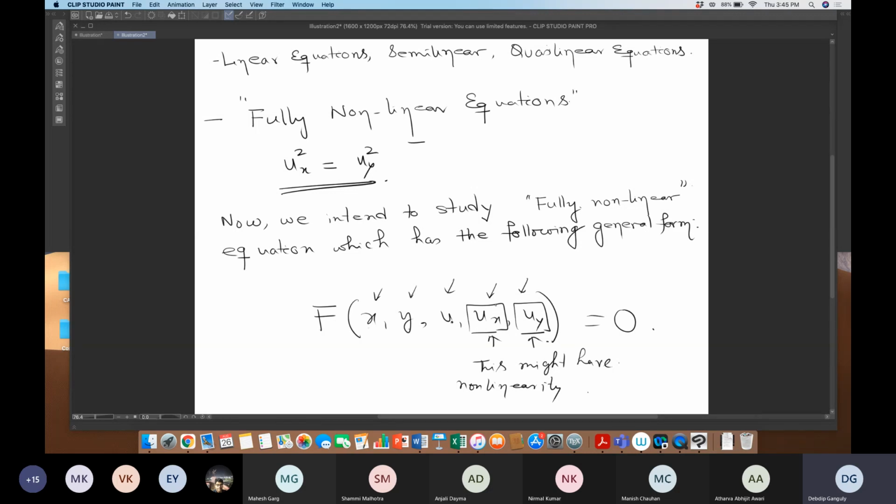That means now you have to study, earlier we had to study three equations with initial conditions, a system of equations with three rows: x, y, z. Now let's introduce two new variables ux and uy as well.